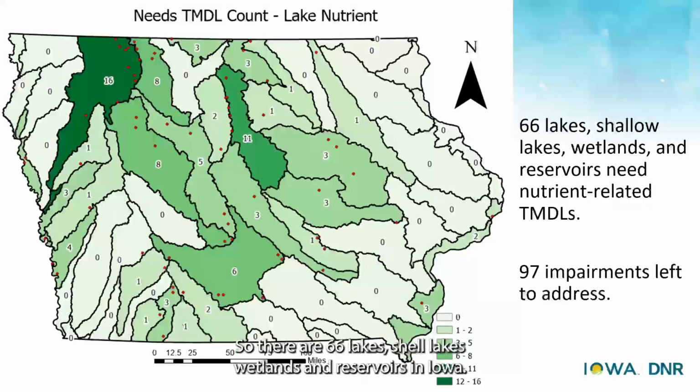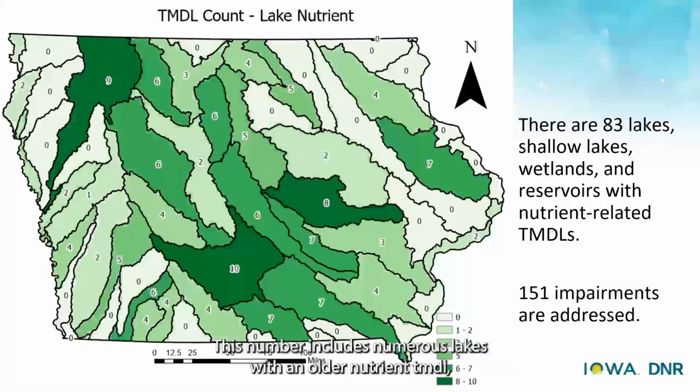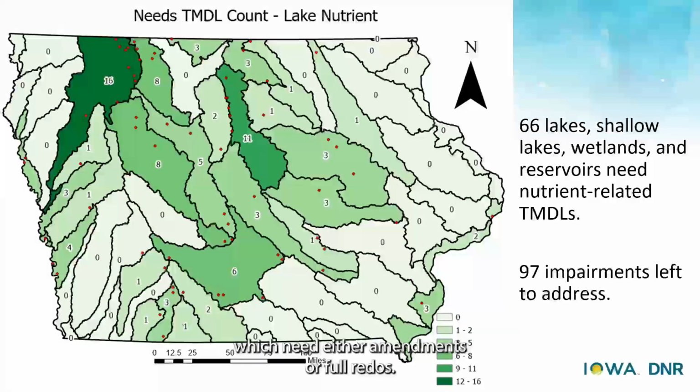Okay, so there are 66 lakes, shallow lakes, wetlands, and reservoirs in Iowa, the red dots on this image, that still need nutrient-related TMDLs. This number includes numerous lakes with an older nutrient TMDL, which need either amendments or full redos. Among these 66 lakes, there are 97 impairments left to address.